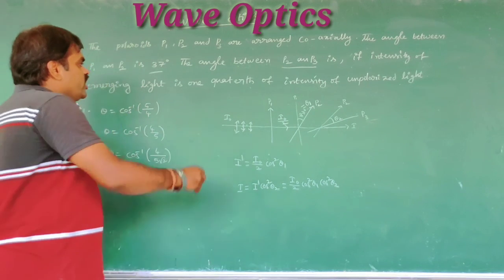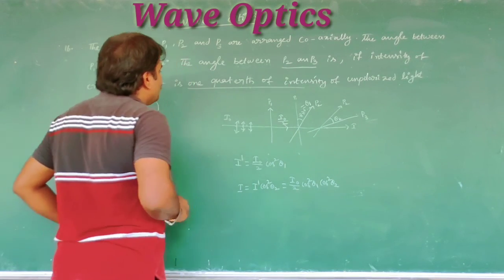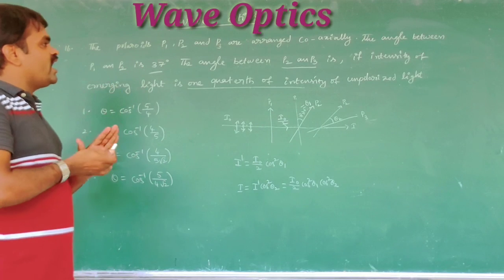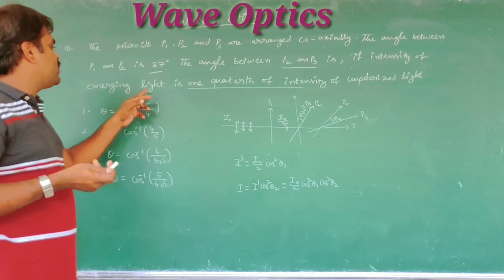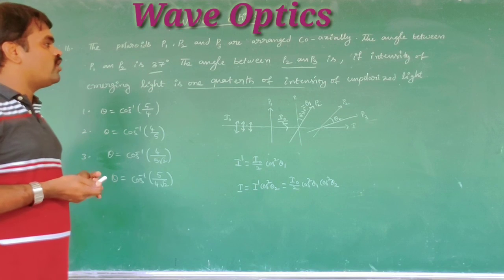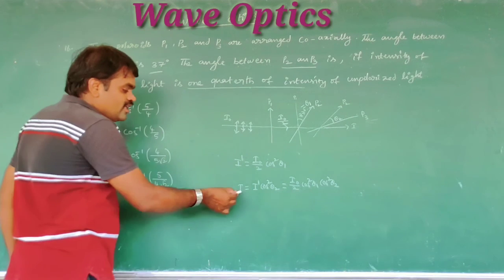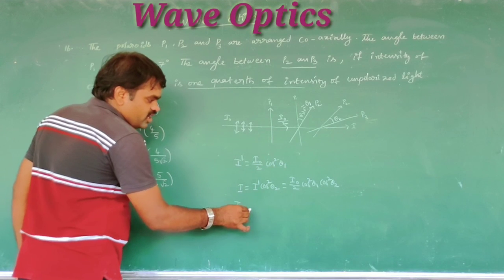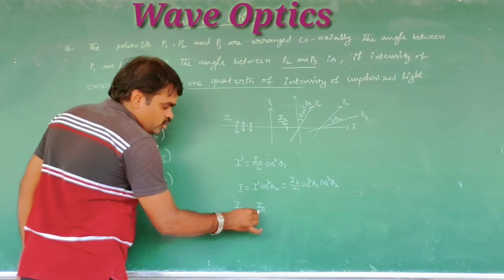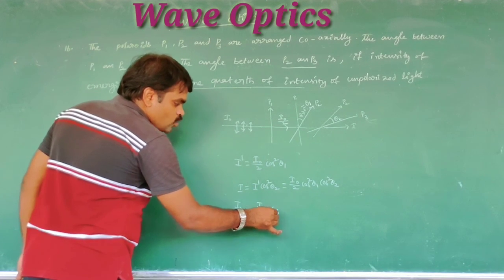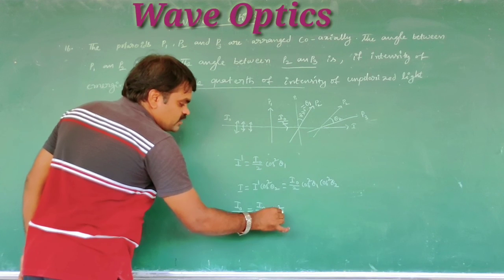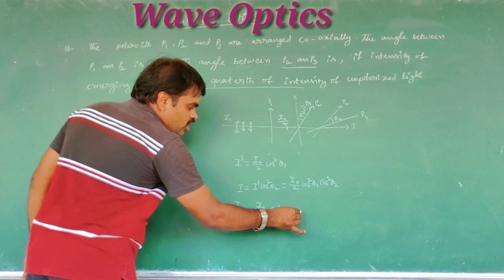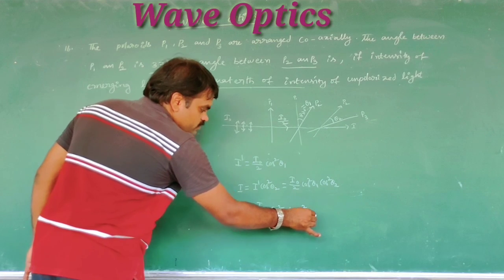But according to the problem, the intensity of emerging light is 1/4 of the intensity of unpolarized light, that is I naught by 4. That is equal to I naught by 2 cos square 37 degrees cos square theta 2.